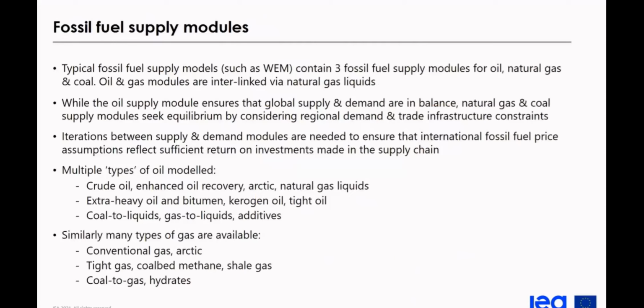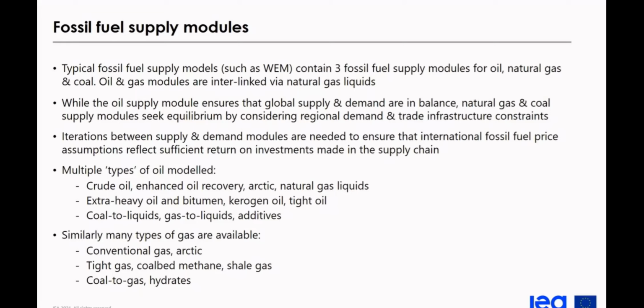So the fossil fuel supply models typically contain three models: oil, natural gas, and coal, even though oil and gas models are interlinked via natural gas liquids. The oil supply model is at a global level where supply and demand are in balance, whereas natural gas and coal, which are usually more domestically or regionally traded energies, are considered at regional level.